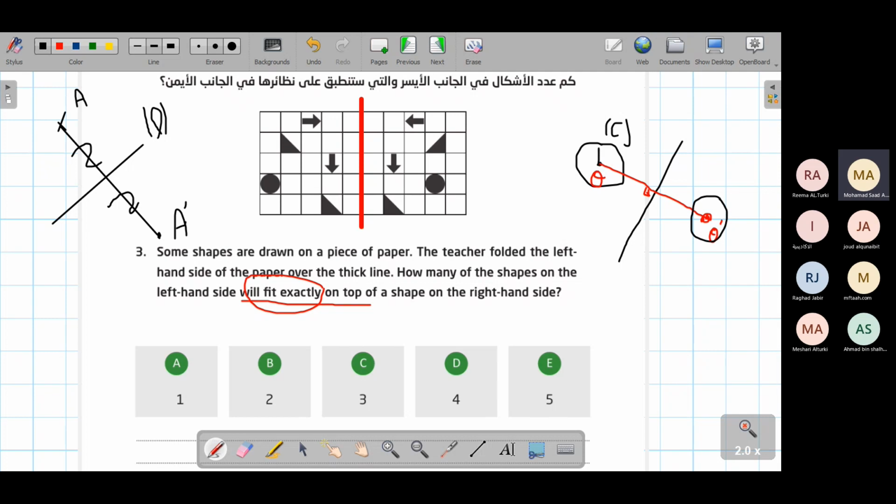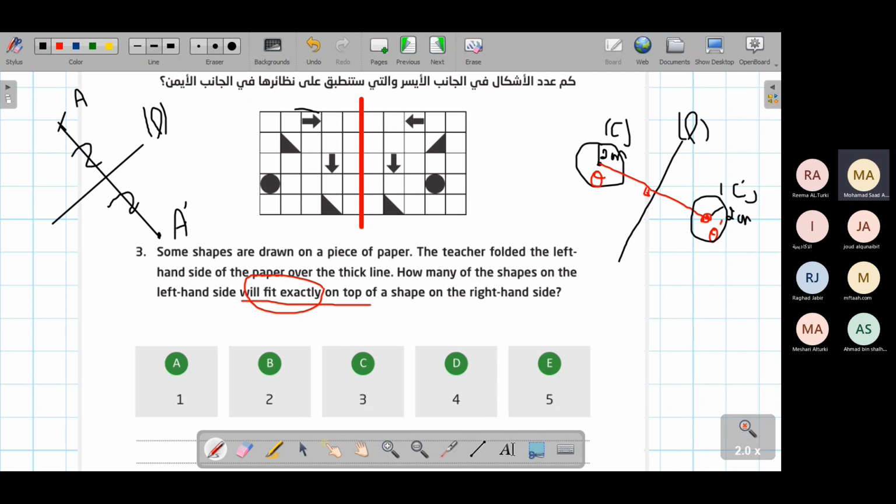For example, if the radius of this one is 2 centimeters, I will draw this one also with 2 centimeters. So now I say that C and C prime are symmetric with respect to the line L. If we go back to our figure, I want to know how many figures will fit exactly on top of the shape.